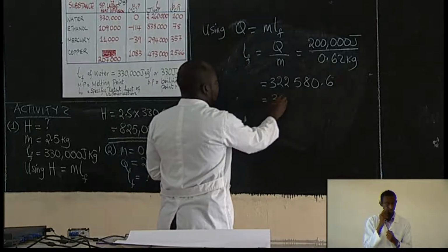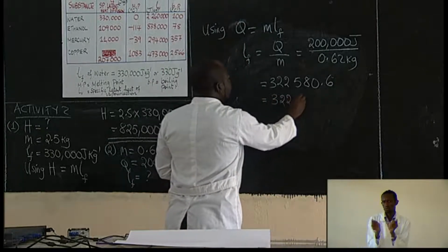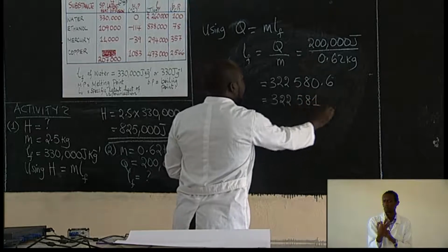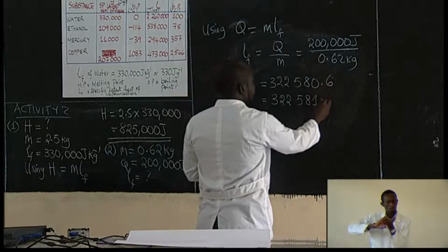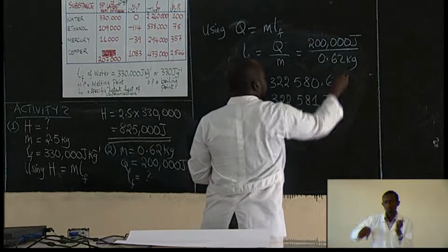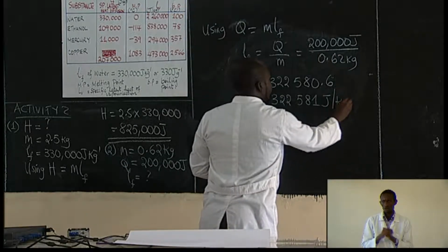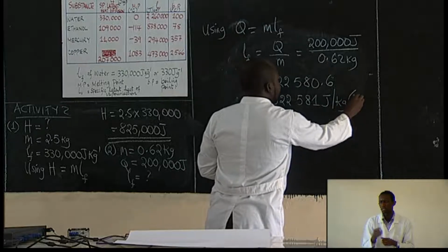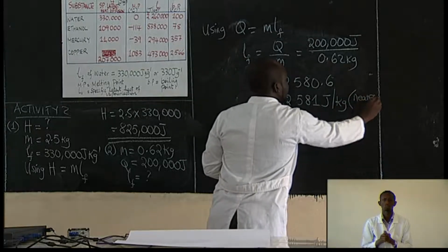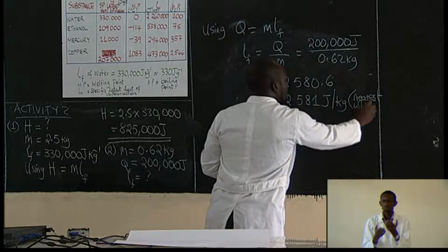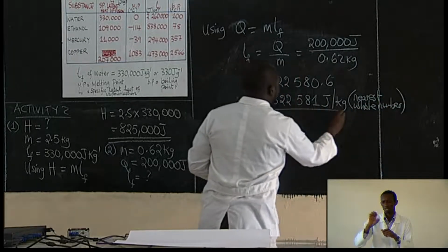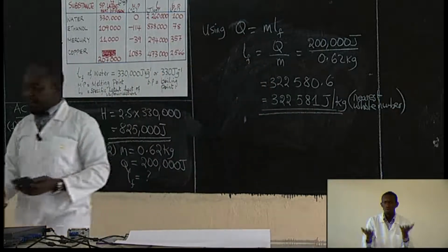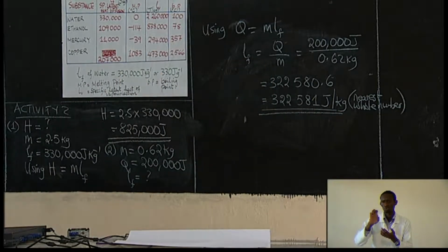So we have 322,581. The unit is going to be joules, then per what? Per kilogram. My answer is correct to the nearest whole number.